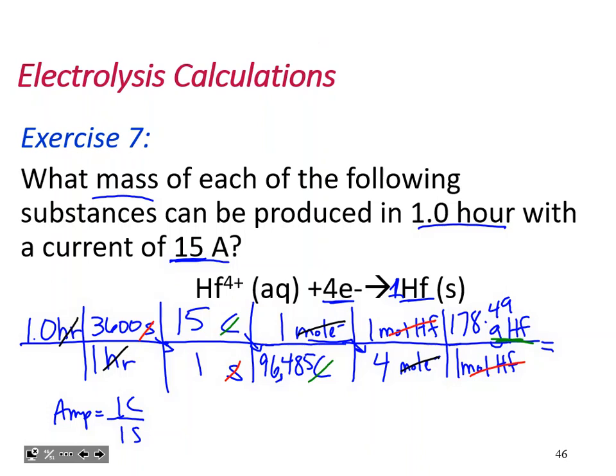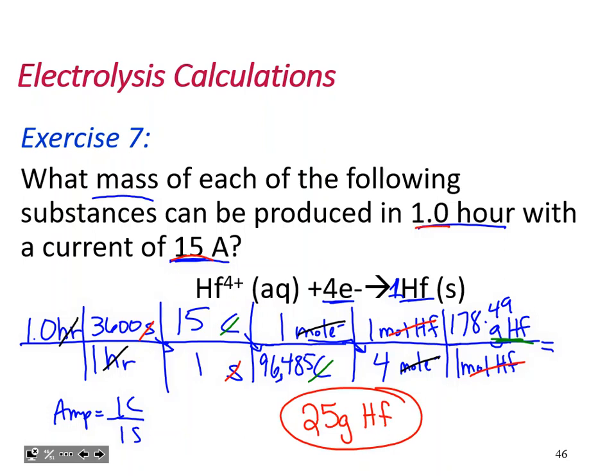So 3,600 times 15 times 178.49 divided by the 96,485 divided by the 4, right? So we should end up getting how many grams? Getting 25 grams of HF. And I'm using 2 sig figs because there's 2 here and 2 here.